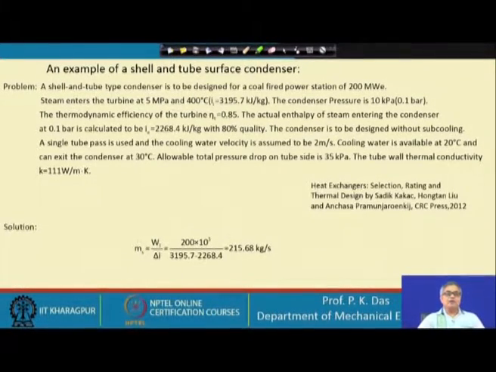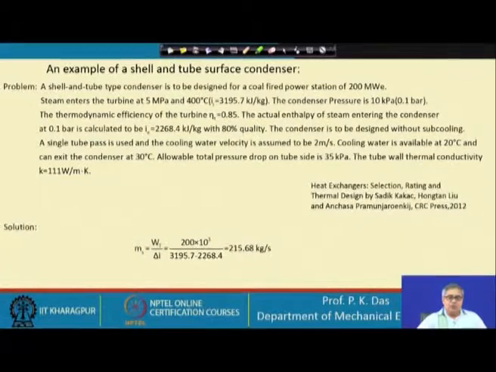So, first we have to calculate the mass flow rates of these streams. First let us calculate the mass flow rate of the vapor side, shell side, or steam, the condensing steam. How do we find it out? We know the total amount of work that can be extracted from the turbine, and we know it is a 200 megawatt power plant.